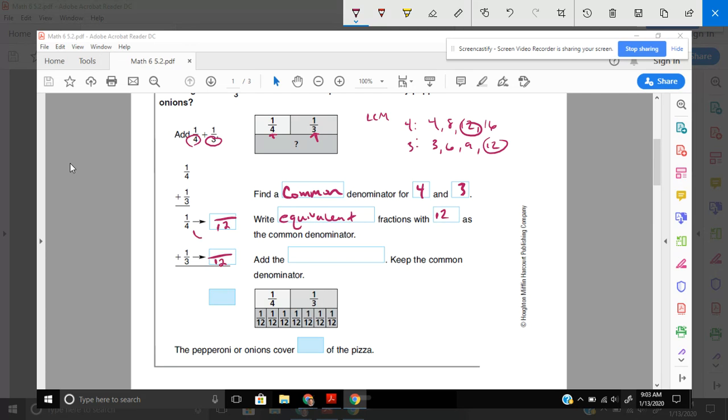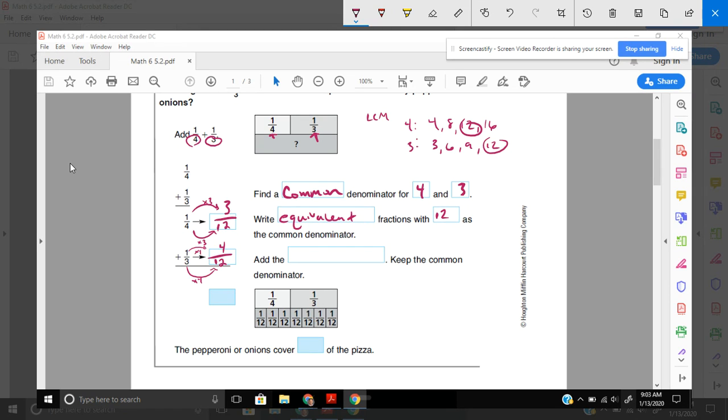So how do I go from fourths to twelfths? Well, I multiply by 3. So I need to multiply my numerator by 3. And 1 times 3 would give me 3 twelfths. And 3 times 4 would give me 12. And 1 times 4 would give me 4. So I come up with 1/4 is equivalent to 3 twelfths.